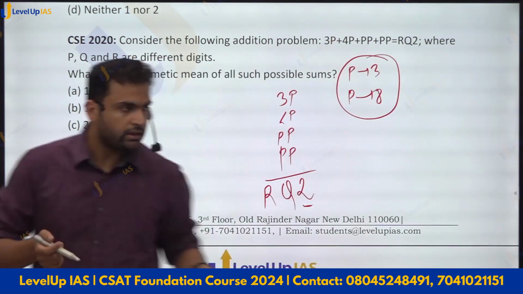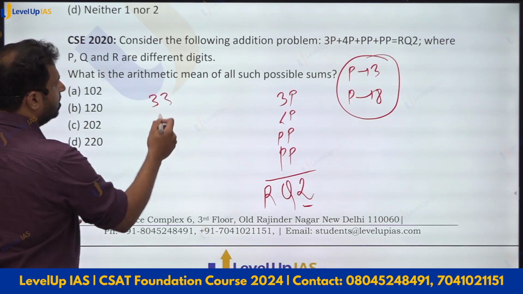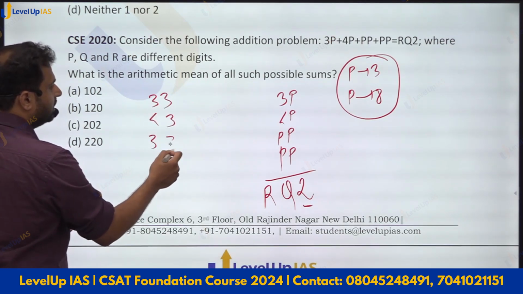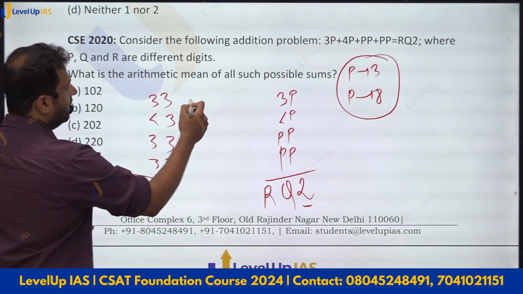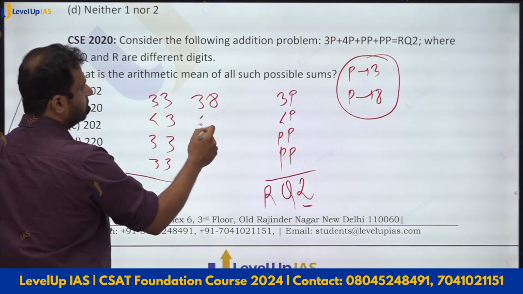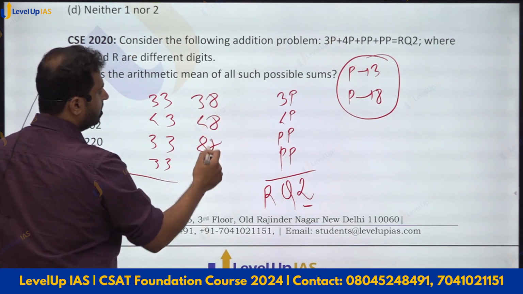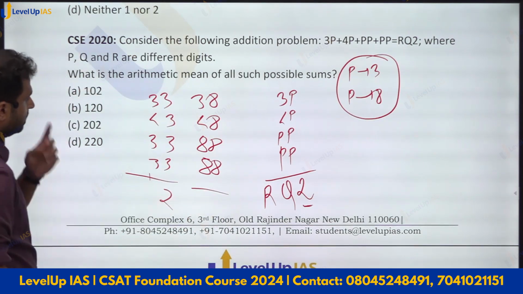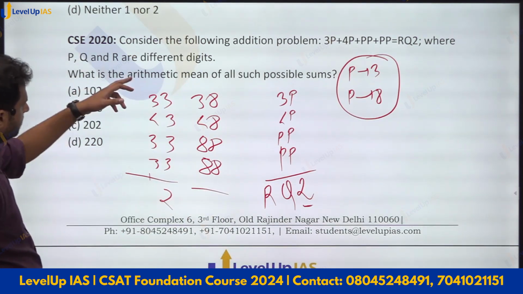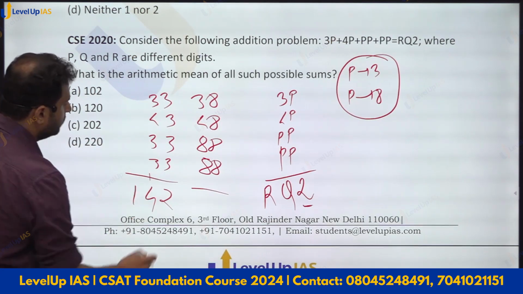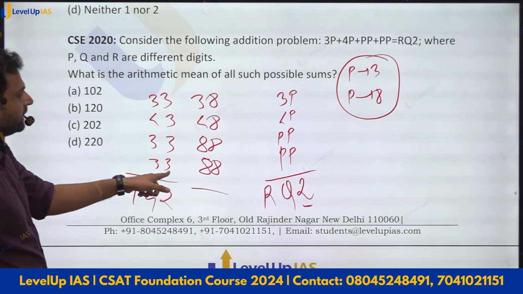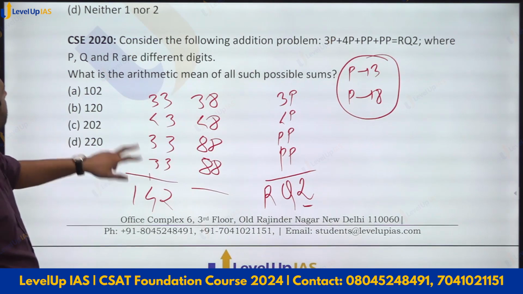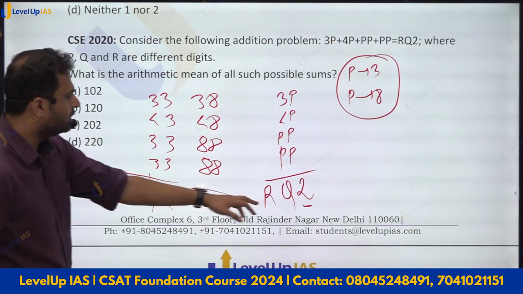So let us check. We have 33 plus 43 plus 33 plus 33, and we have 38 plus 48 plus 88 plus 88. What is this? This is 12, 1 carry forward. This is 142. Yes, P is 3, R is 1 and Q is 4.